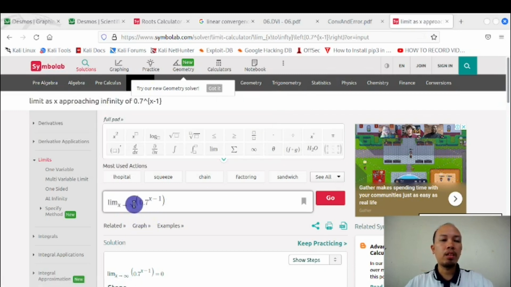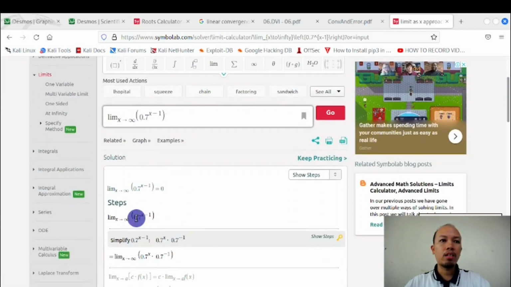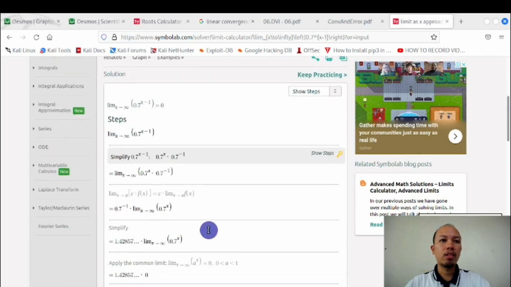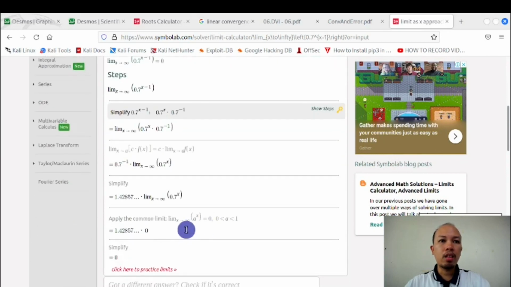I type the sequence, but I replace n by x, and clearly the limit is 0. It says here, the blue one, the limit of a to the x as x approaches infinity is 0 for a between 0 and 1. Okay, so that's it.